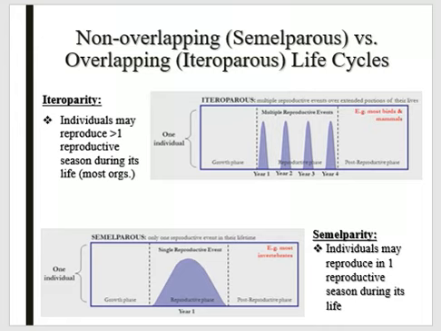Others are iteroparous, meaning the generations overlap in a life cycle. Similarly, a lot of these are your R-selected species. In this case, individuals may reproduce only once in the entire lifespan, right?